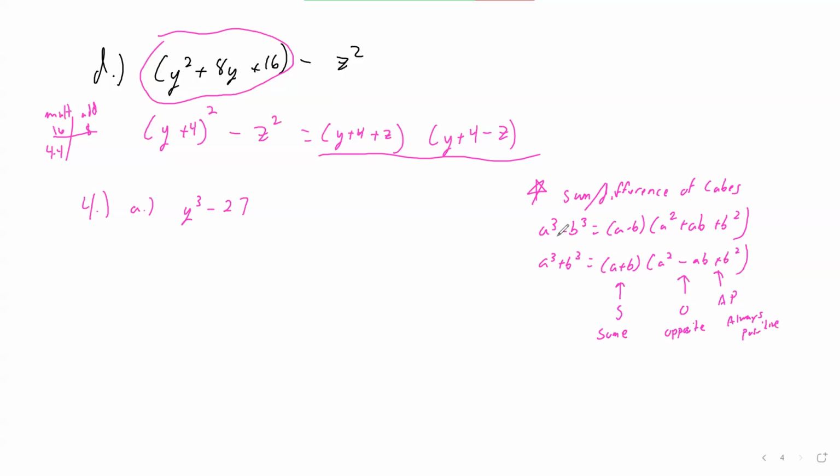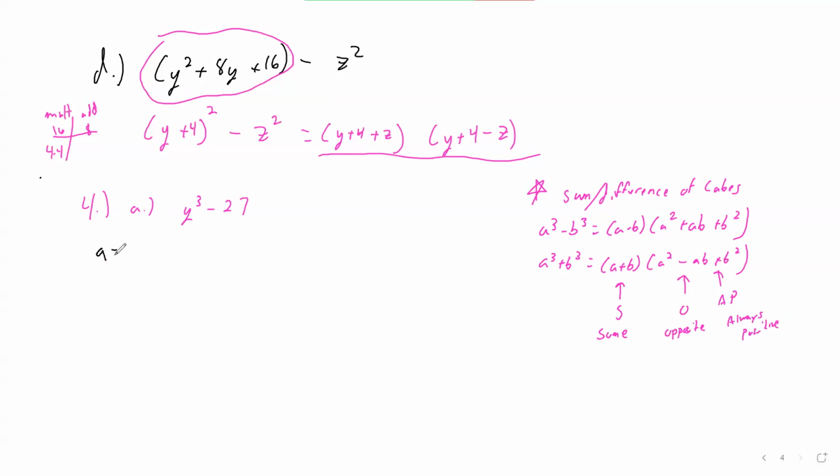So if I have a positive, this will be the same sign, opposite sign, always positive. Because you can see that the patterns are all the same. The only thing that's changing is the signs. So then from here, you have to figure out what the A and the B is. And then you just plug it into the formula.